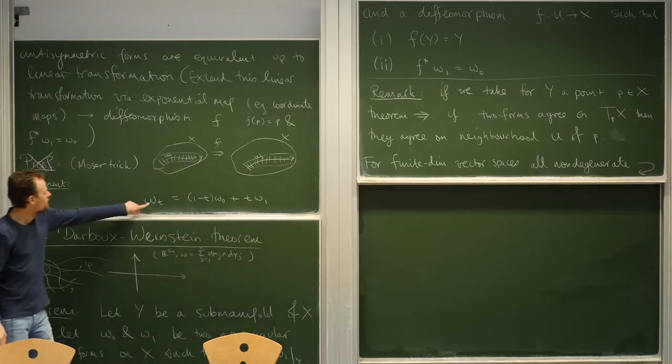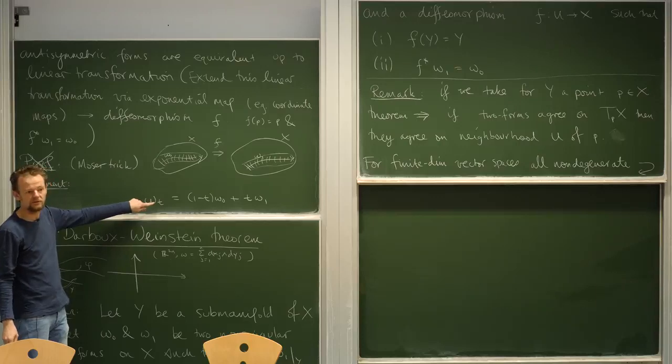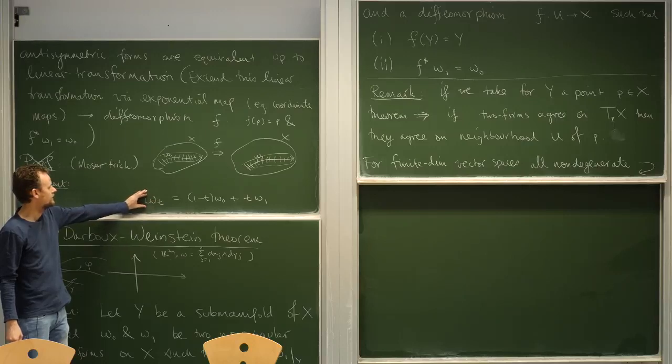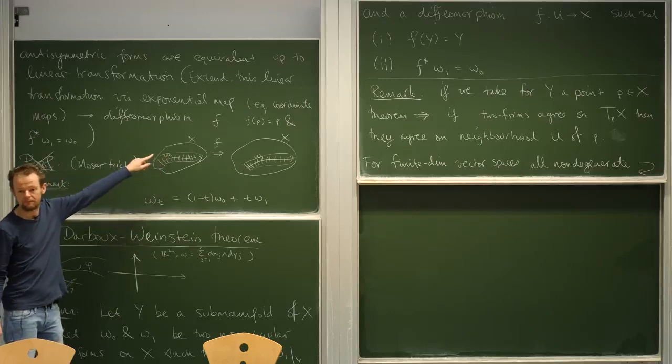So this is a one parameter family now of non-singular closed two forms. And the idea is to find a diffeomorphism which pulls back omega t to omega naught.